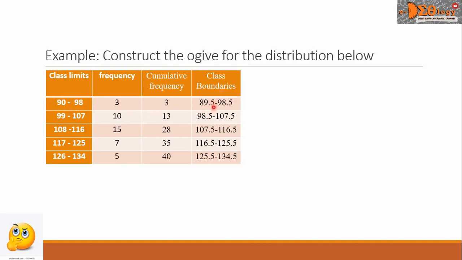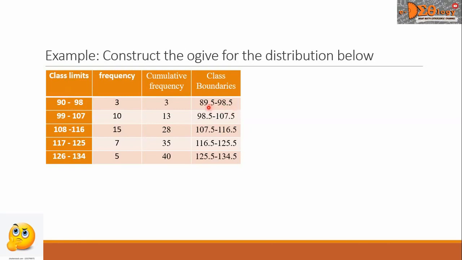The upper class boundary is 98.5. We can get this value with respect to the upper class limit, which is 98. Obviously, we added 0.5. So we get 98.5.